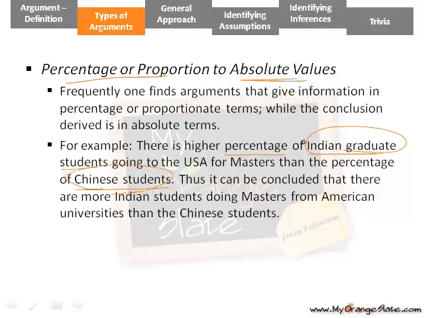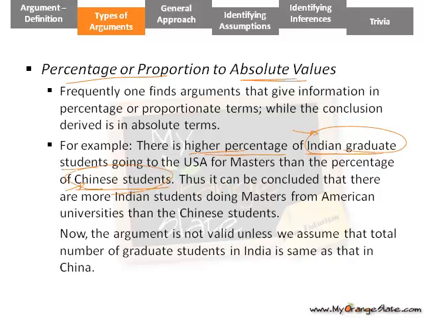Unless we assume that the total number of Indian graduate students and Chinese students is same. In that case, of course, we can say that higher percentage of this would definitely mean a greater number or a higher number than the Chinese students. So the assumption here becomes total number of graduate students in India is same as that in China.